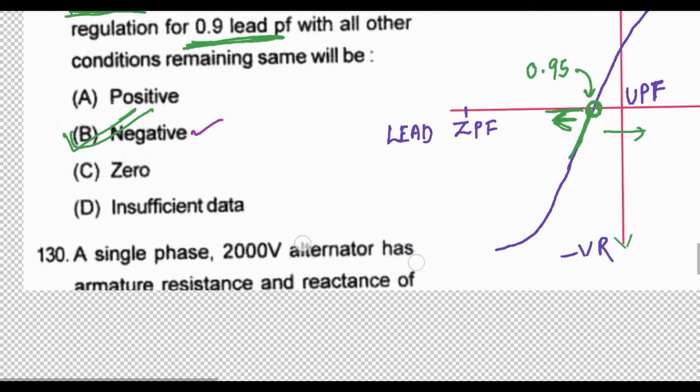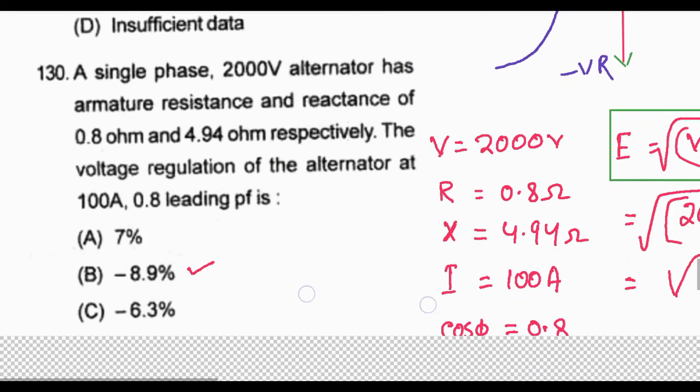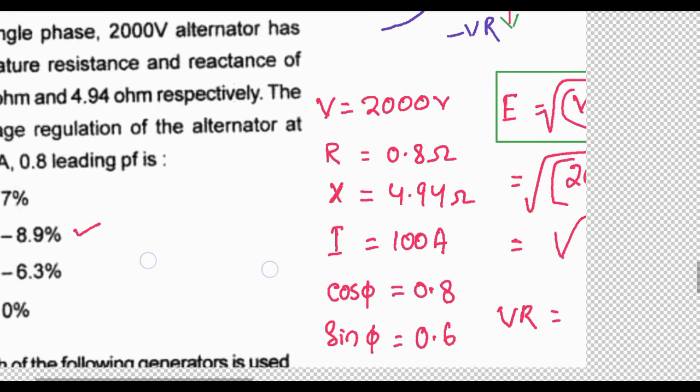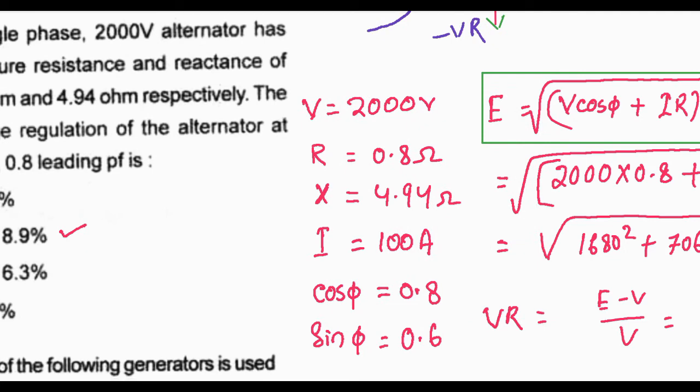Next question is, a single phase 2000 volt alternator has armature resistance and reactance of 0.8 ohm and 4.94 ohm respectively. The voltage regulation of the alternator at 100 ampere 0.8 leading power factor is. So here V, R, X, I and cos phi are given, and we have to find sin phi.